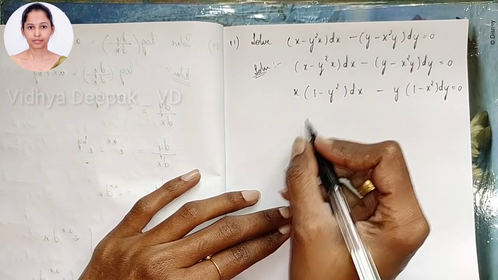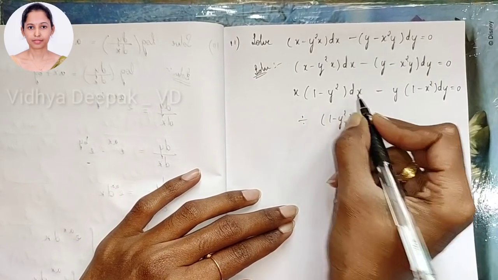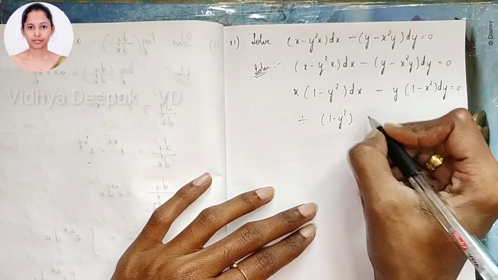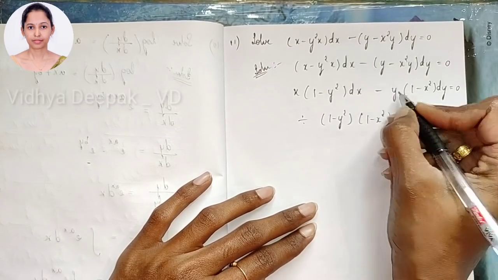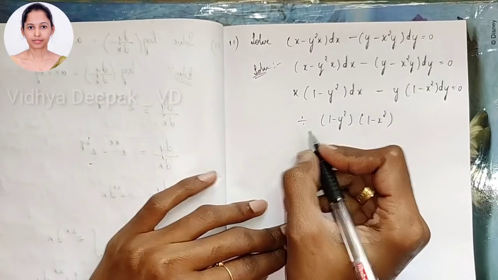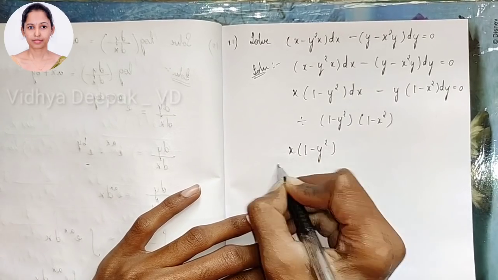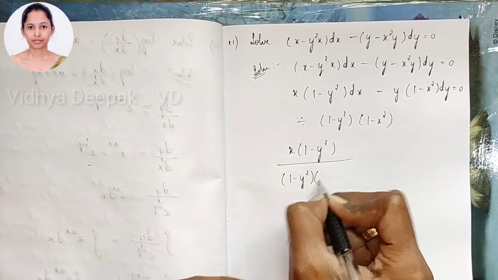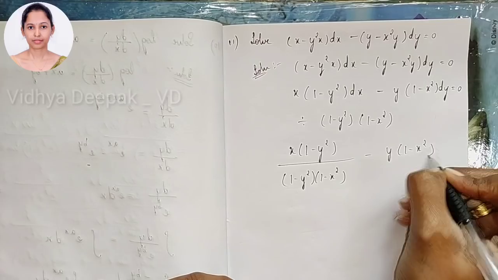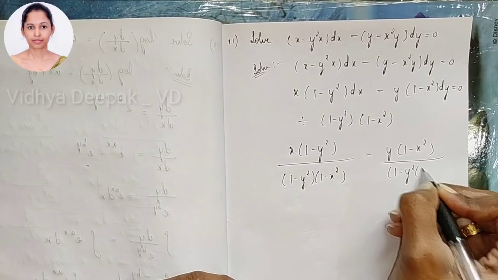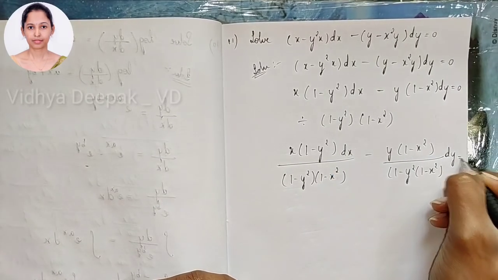If I divide this equation by (1 − y²), we will not have y terms, only x terms will be there. And if I divide by (1 − x²), then I will be remaining with only y terms, right? So dividing this line by (1 − y²)(1 − x²), we have x(1 − y²) dx divided by (1 − y²)(1 − x²), minus y(1 − x²) dy divided by (1 − y²)(1 − x²), is equal to 0.